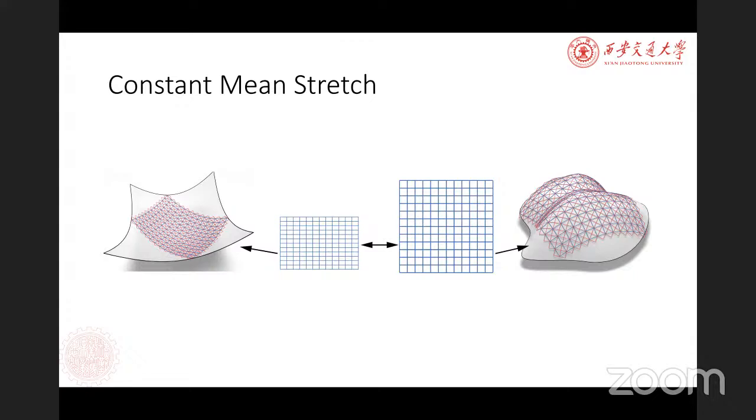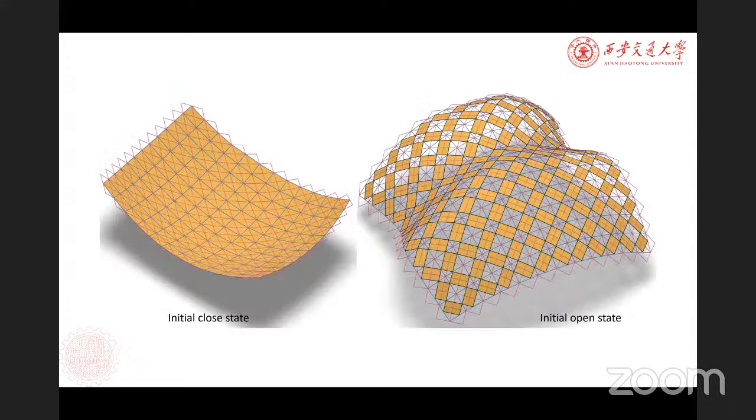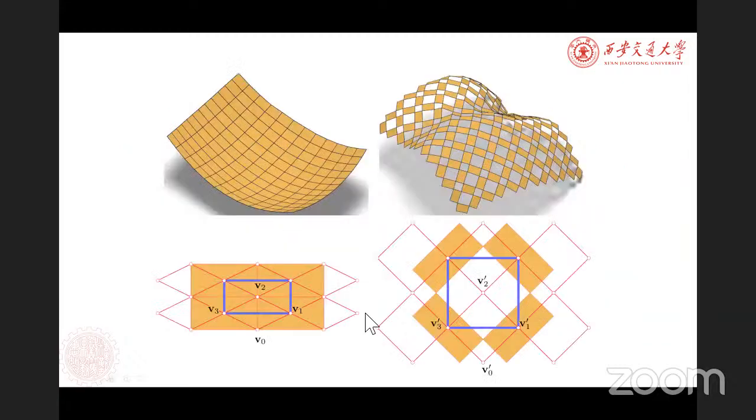First we map these two grays to the reference surfaces, and then we further optimize the mapped quad mesh. We use the control mesh, the red one here, as our computational mesh to implement the constant mean stretching.